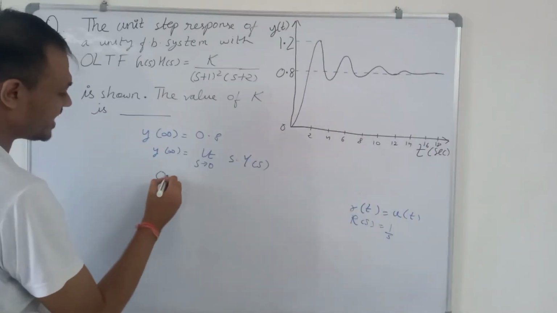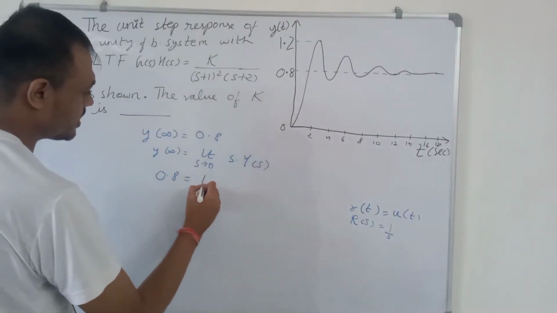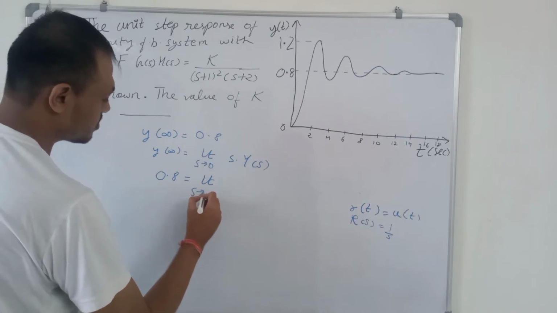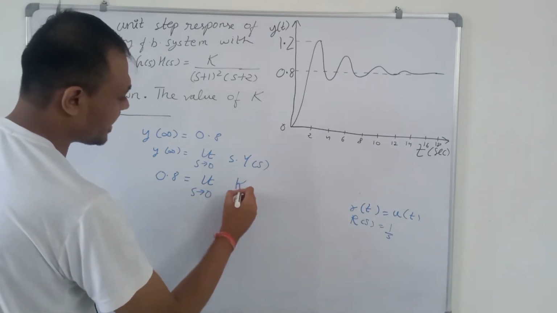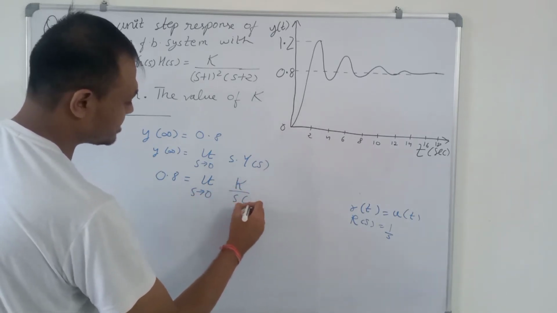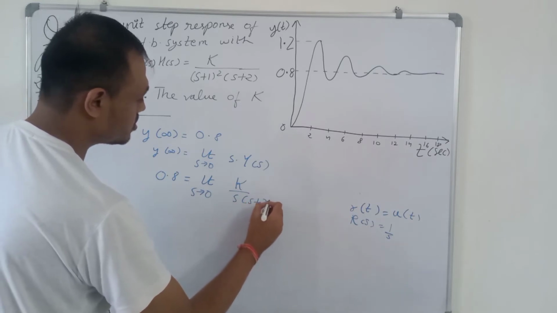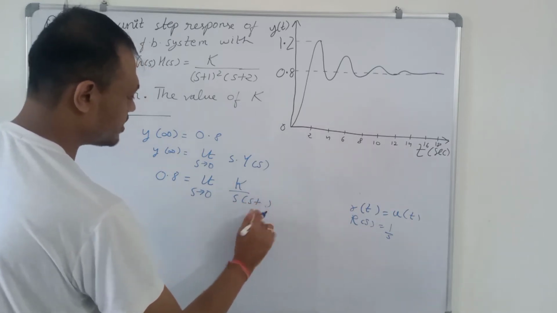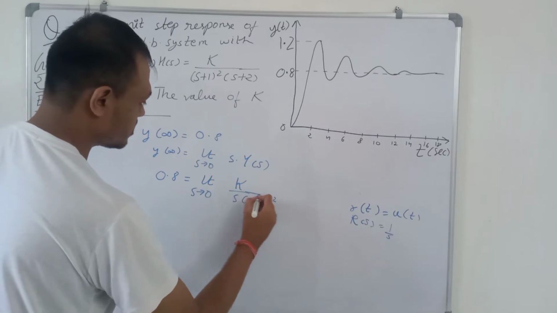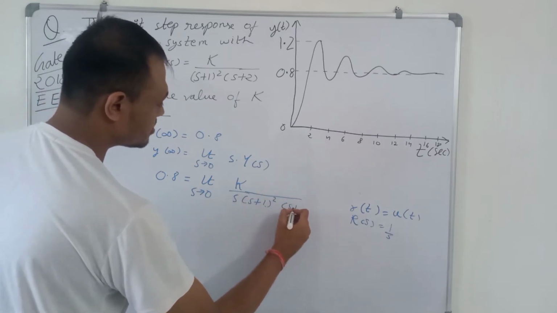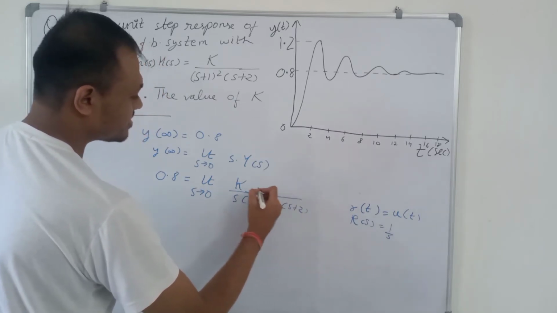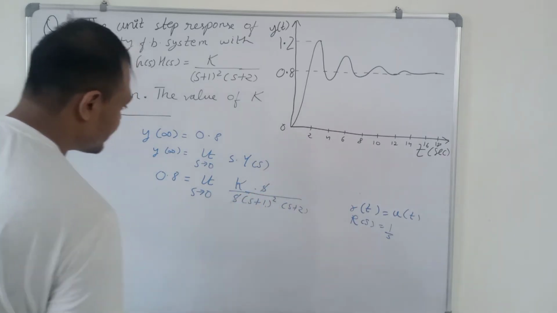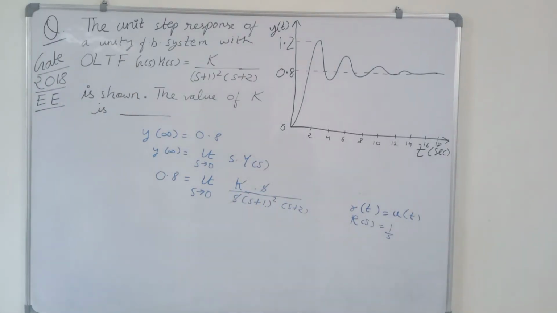So 0.8 will be equal to limit s tends to 0 of K upon (s plus 2)(s plus 1) whole square into (s plus 2) into s. So this s and this s will get cancelled. Now put s tends to 0.